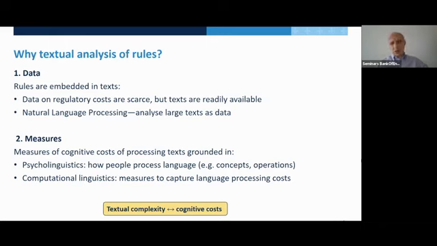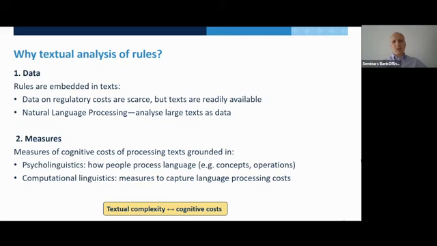And we use natural language processing to analyze large texts as data. We use several measures, so measures of cognitive costs of processing texts, and these measures come from psycholinguistics and computational linguistics. The psycholinguistic aspect of this measure focuses on how people process language.